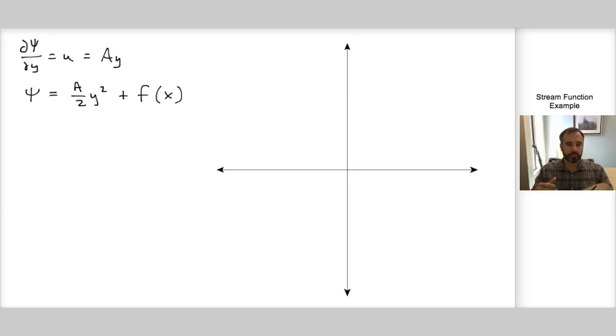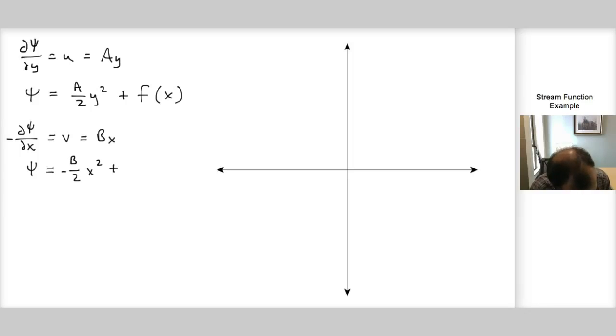Okay, so that's the first part, and now we can plug in for the second part. So we say negative d psi over dx is equal to v is equal to bx. Alright, so now we can integrate that. You get psi is equal to negative b over 2 x squared plus some function of y.